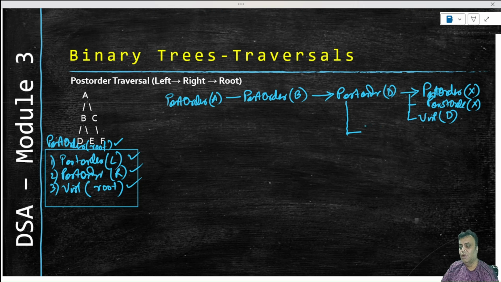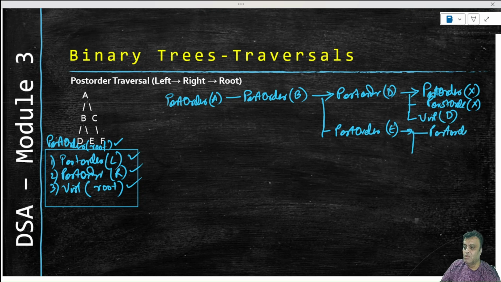So now the next step would be to go to the post order of the right of B. Sorry, this line should be here to signify that they are at the same level, right? So we will do a post order of the right of B. The right of B is E, so we'll do a post order of E, and that would typically mean the same way as the top.